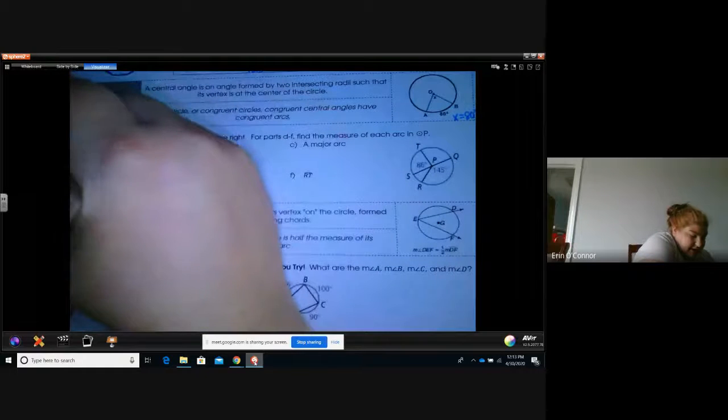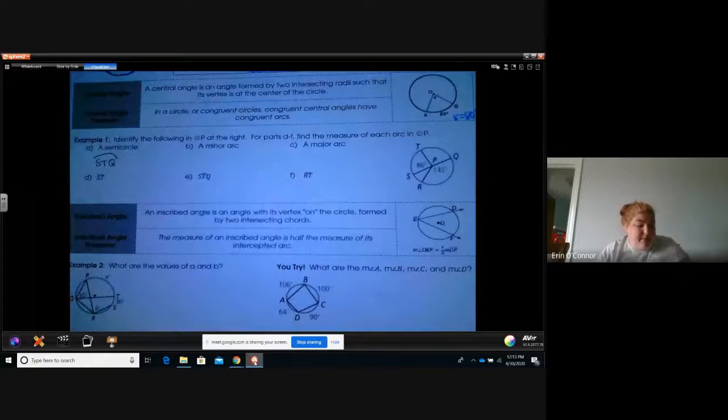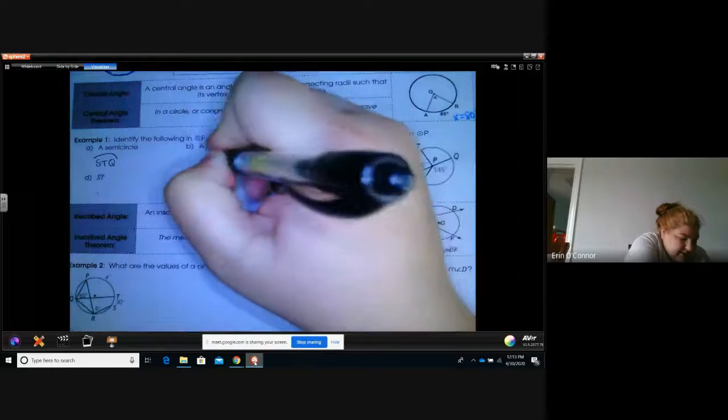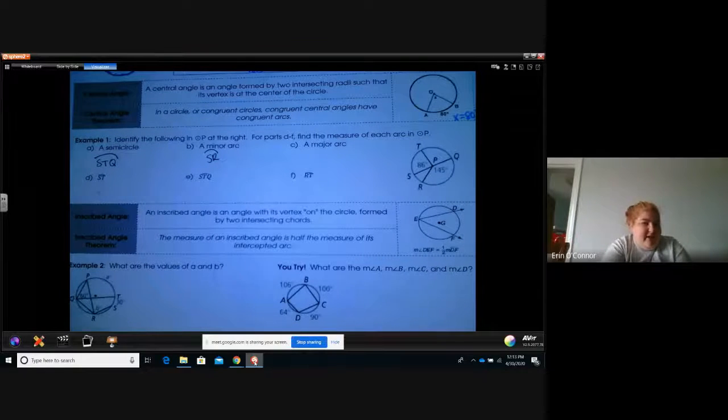So it's arc STQ. We put it like a little arc above it. A minor arc. There are a ton of minor arcs in here. I'm going to do SR right here. So SR is my minor arc, but you could have said ST. You could have said TQ, you could have said QR, you could have said RT. Anything that's less than 180 degrees counts.